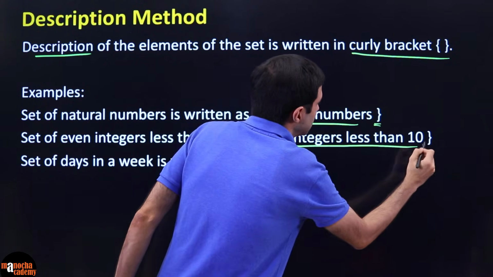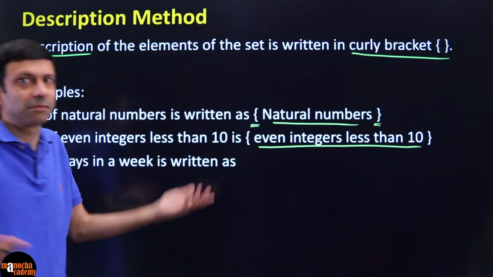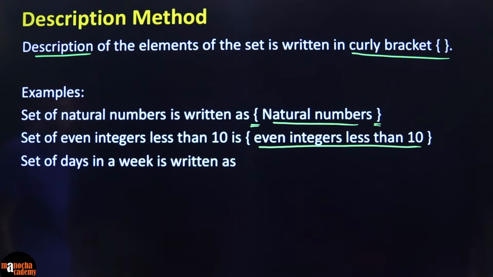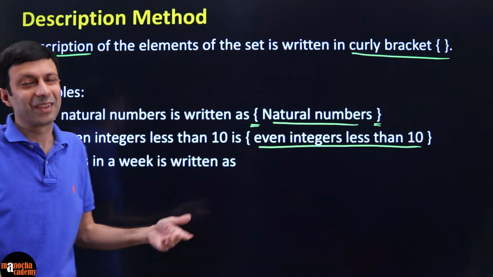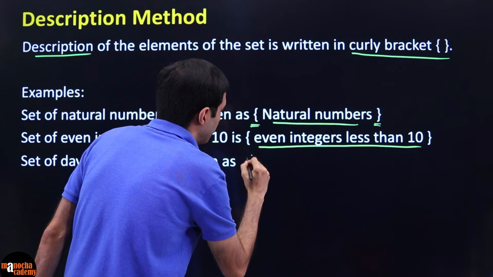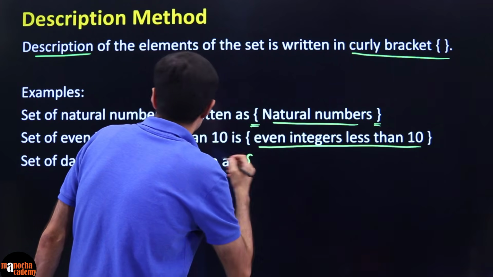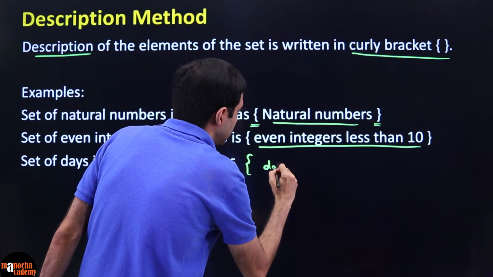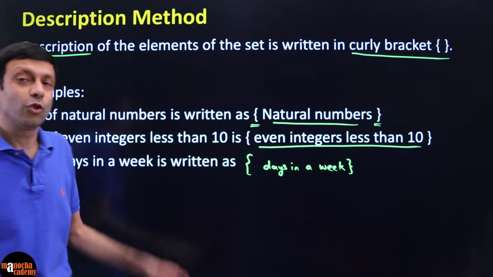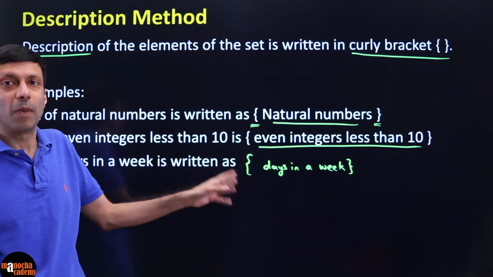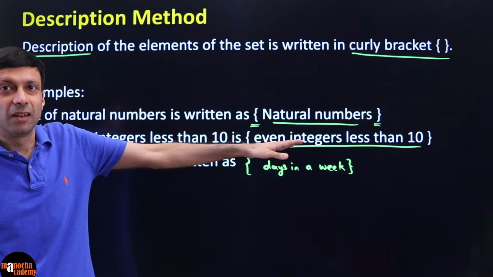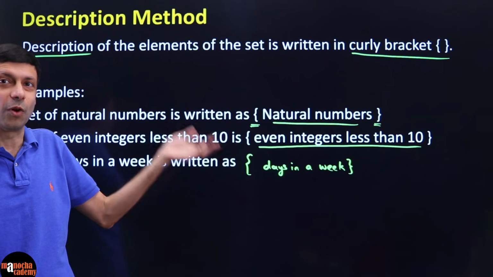Even integers less than 10 within the curly brackets. That's it. So simple. Can you guys try this for me? Set of days in a week. How will you write it? Very easy. Just open the curly brackets for the set and write days in the week. Now you might be thinking why we have not written Monday, Tuesday, Wednesday, Thursday. That is the roster form or the next form we'll be studying.